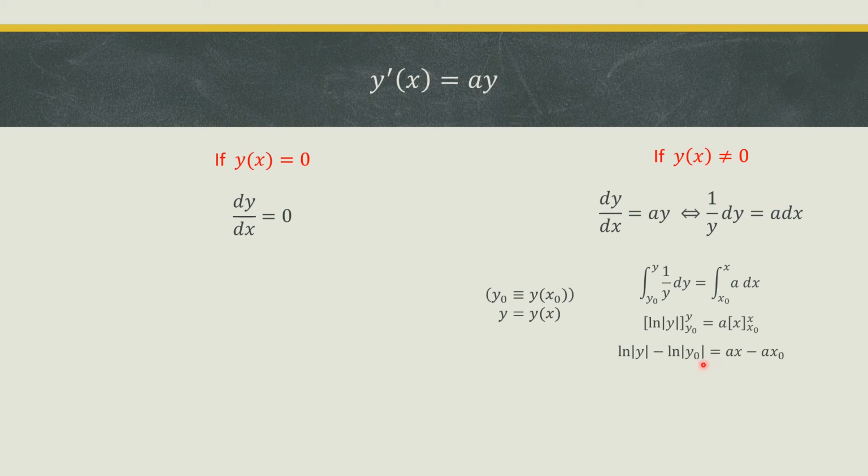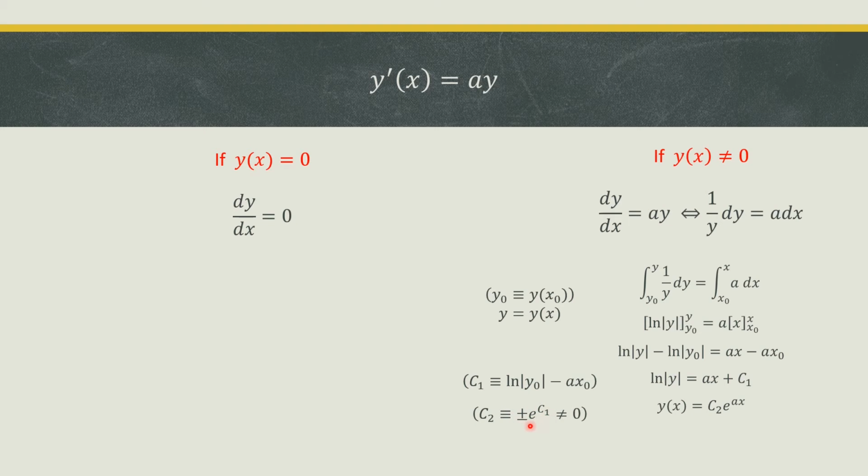Now here, let's just combine the constants into c sub 1. And then let's just take the inverse of this logarithm, and we are now able to extract y of x. And we note here that the constant c sub 2 is actually e raised to c sub 1, and therefore this can never be equal to 0.